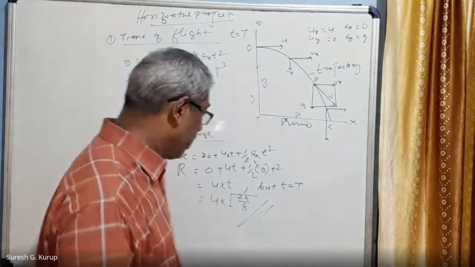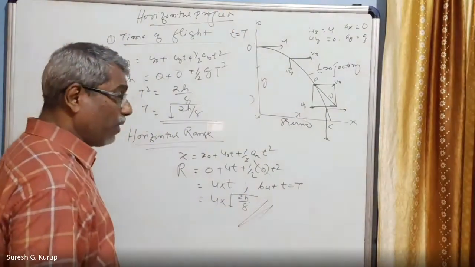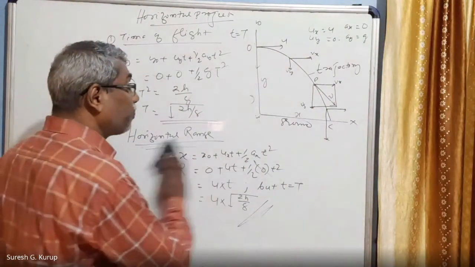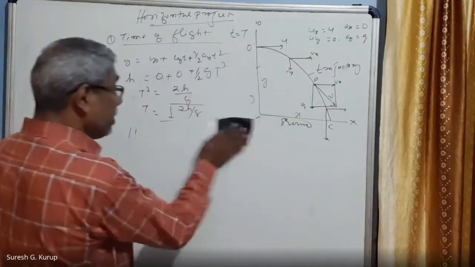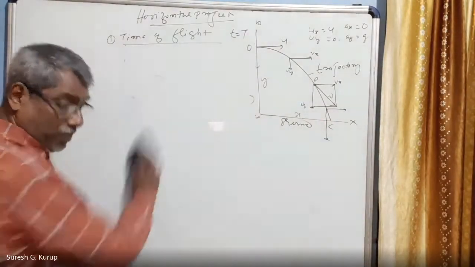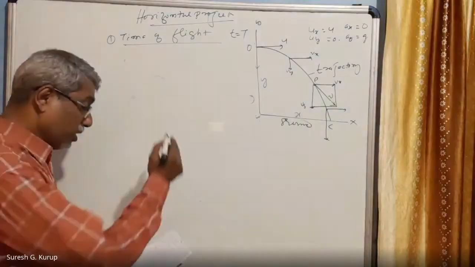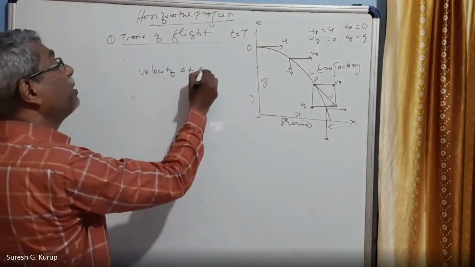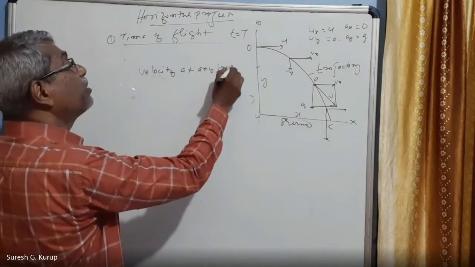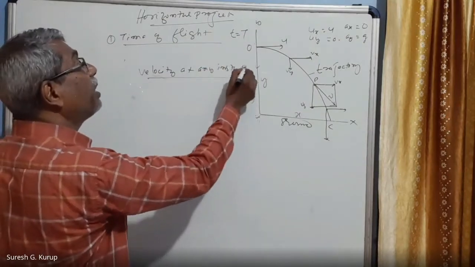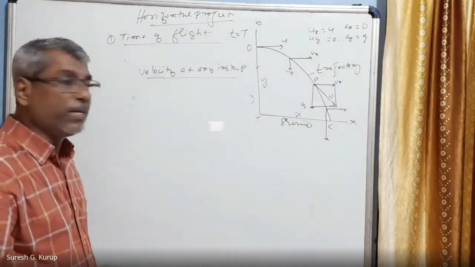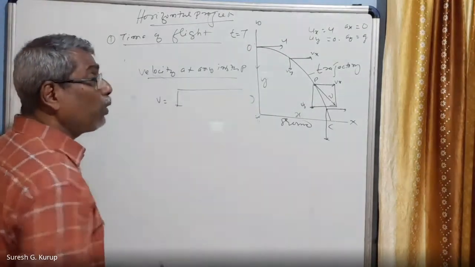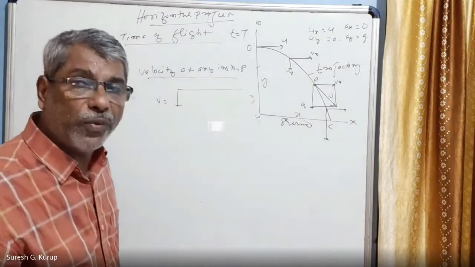Therefore, we can write that the velocity of the body at any instant, when the body is at the point P, is given by V equal to the square root of Vx square plus Vy square only.